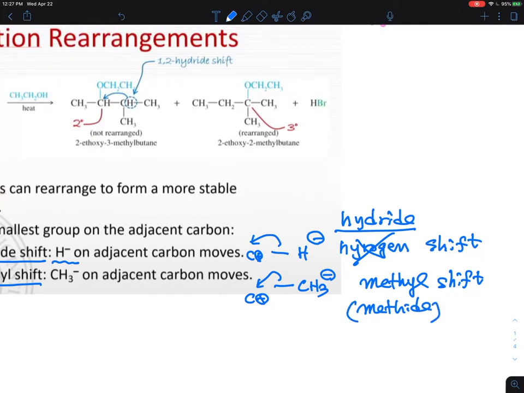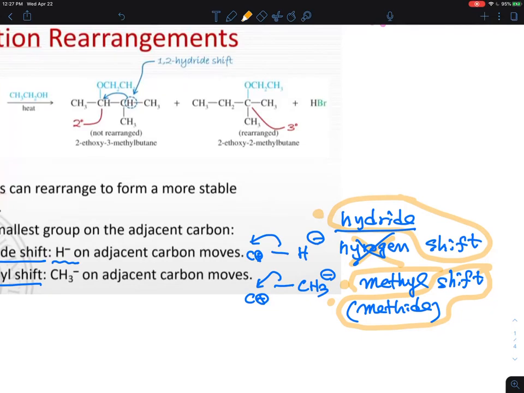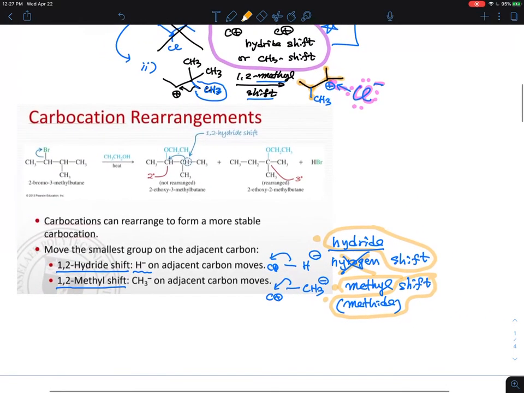But in the organic chemistry community, they don't call it hydrogen shift, they always call it hydride shift. And as far as the methyl is concerned, methide shift is a term you can use, but they also just simply call it methyl shift. This is too much information, so they just mix those two, both are accepted terms. And as far as the hydrogen is concerned, hydride is the term.